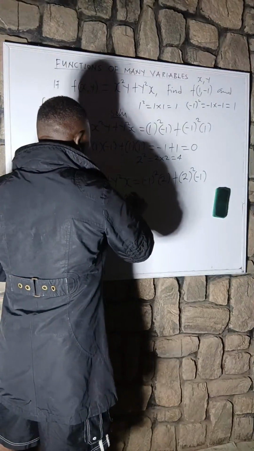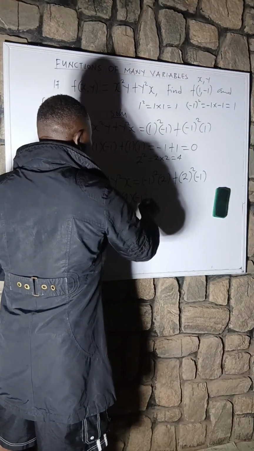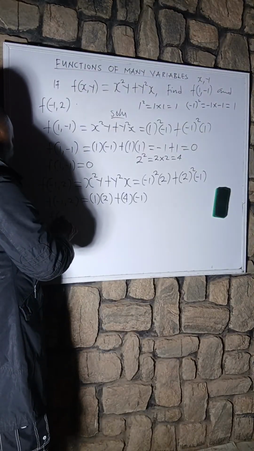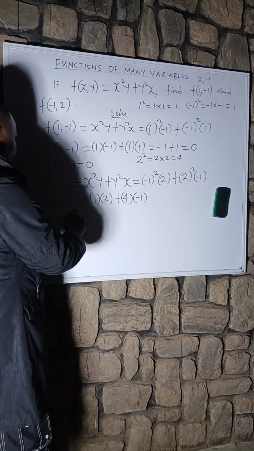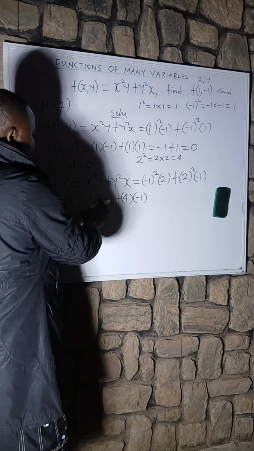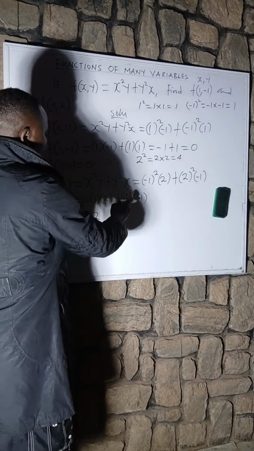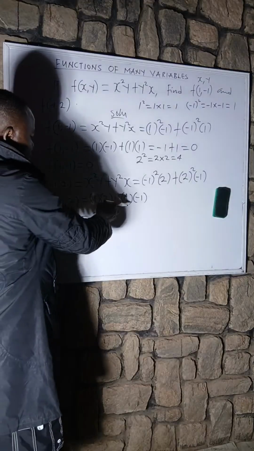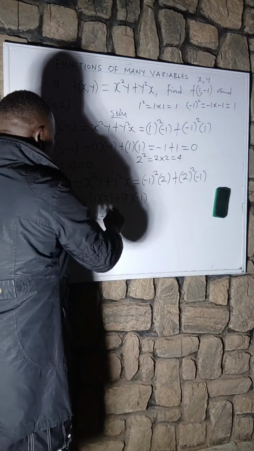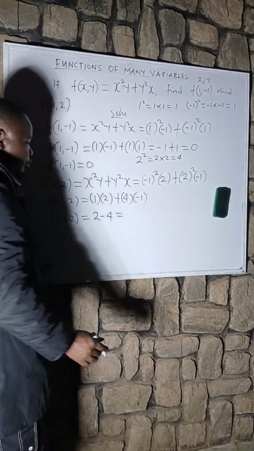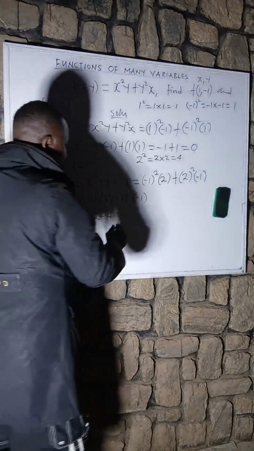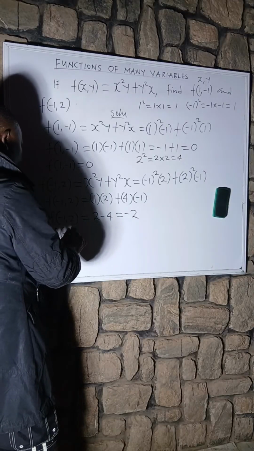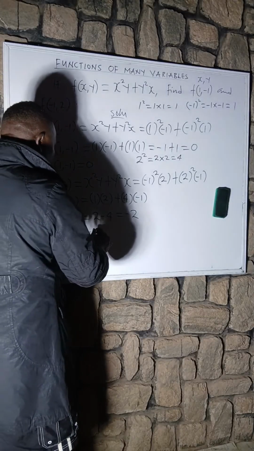Here will be 4 times minus 1. So 1 times 2 is 2, and 4 times minus 1 is minus 4. So this will be 2 minus 4, and we are going to have minus 2. So our f of minus 1 comma 2 is equal to minus 2.